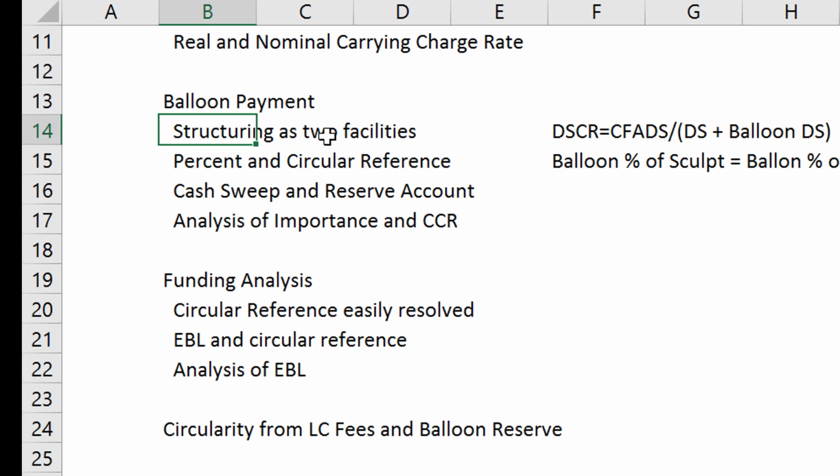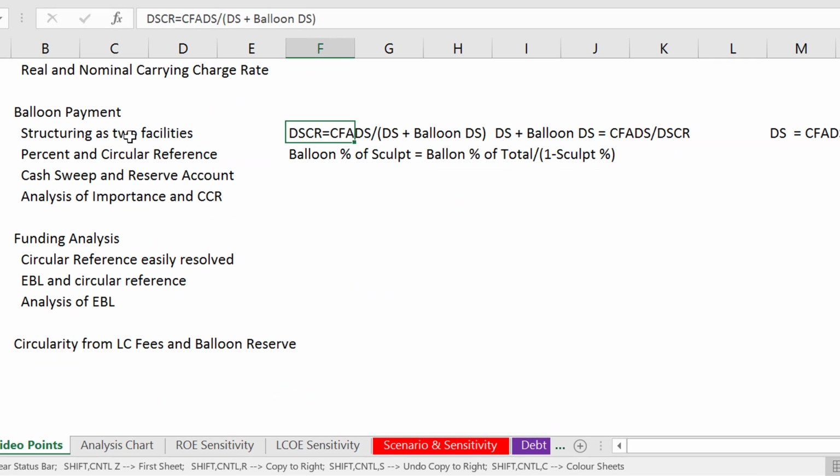in my structuring class or the structuring set of videos, I suggest splitting it into two facilities. And then when you split something into two facilities and you want one debt facility to capture the rest, you can say the DSCR is the cash flow divided by the debt service on the regular facility plus the balloon facility.